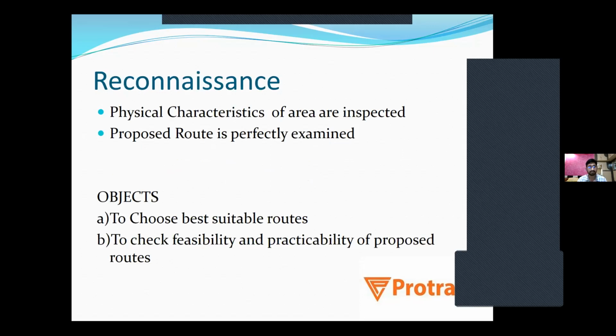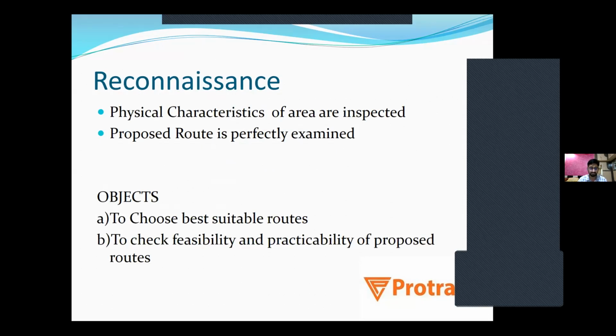After that, reconnaissance. Reconnaissance is nothing but examining the area through which the road is going. The physical characteristics of the area are inspected and the proposed route is examined accordingly. The objective of reconnaissance is to choose the best suitable route.